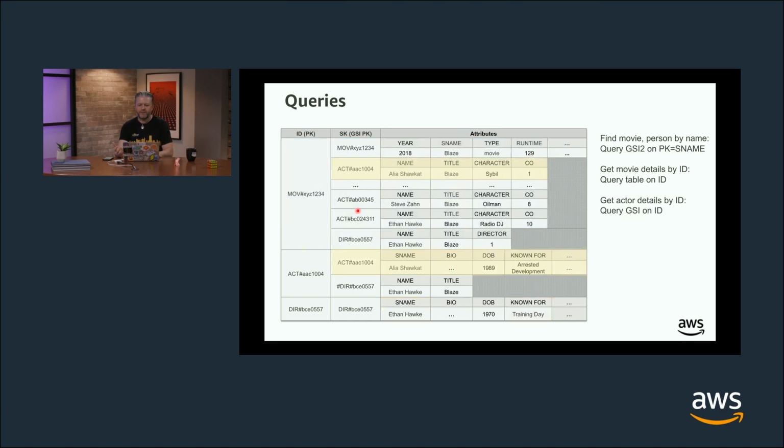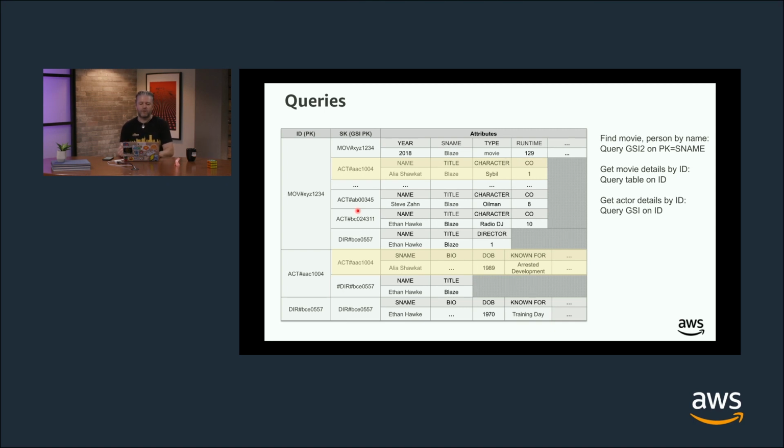So next, if we want to get actor details by ID, we can query the GSI on that actor ID. Remember the search that we did for a movie? We use the same global secondary index to search for actors as well. So that search returns a record that will include the primary key, the partition key for the actor.